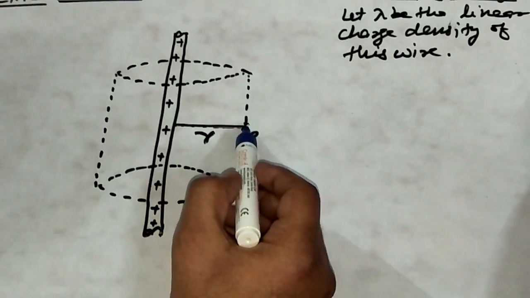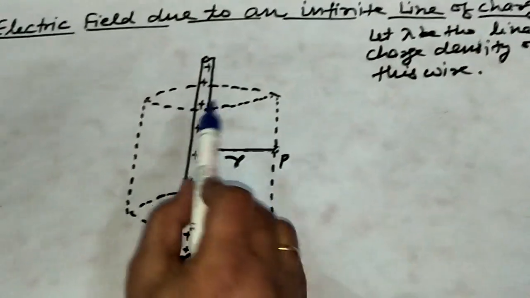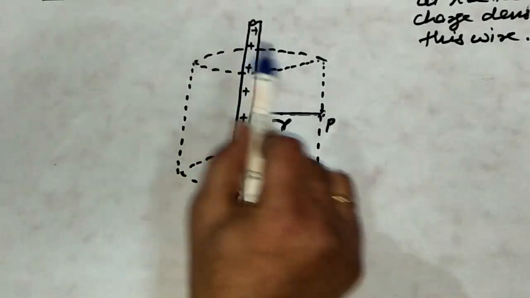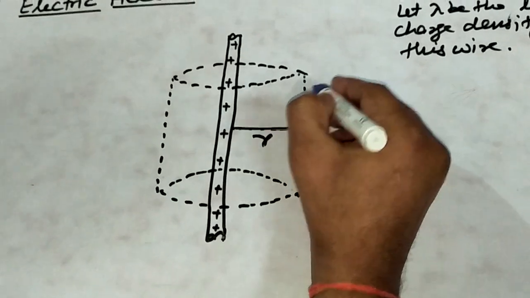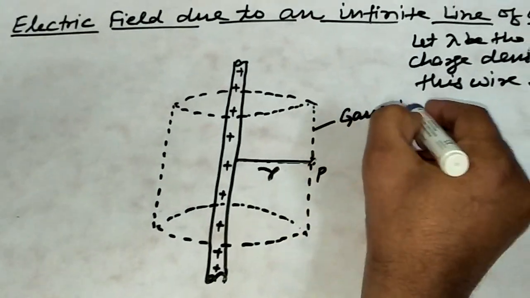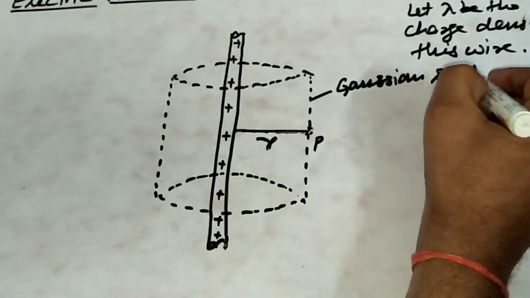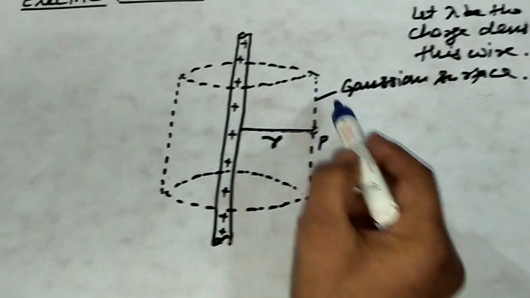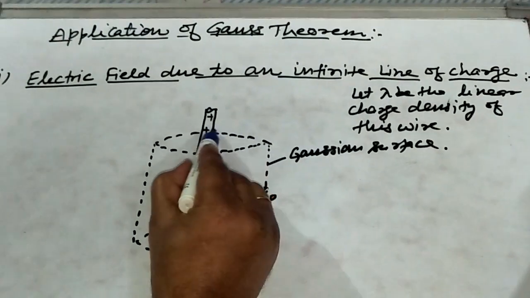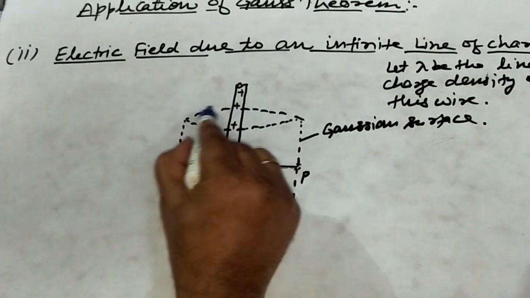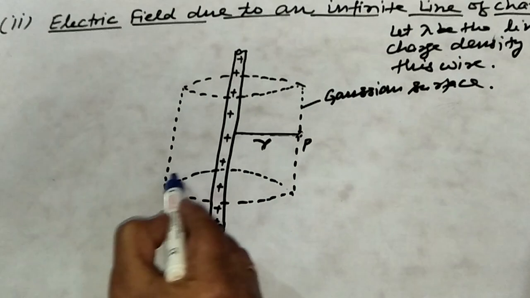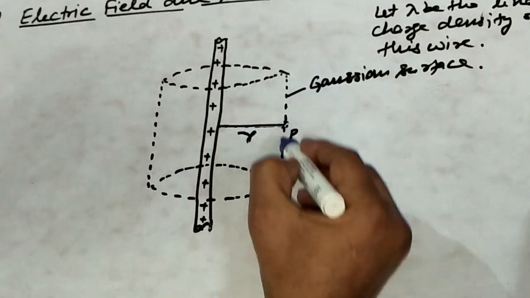So for this purpose, we draw a Gaussian surface coaxially around this one which passes through the point P. This one is a Gaussian cylinder, the Gaussian surface. In the case of this Gaussian surface, this one above is called a plane surface, and this one below is also called a plane surface, and this one is called the curved surface.